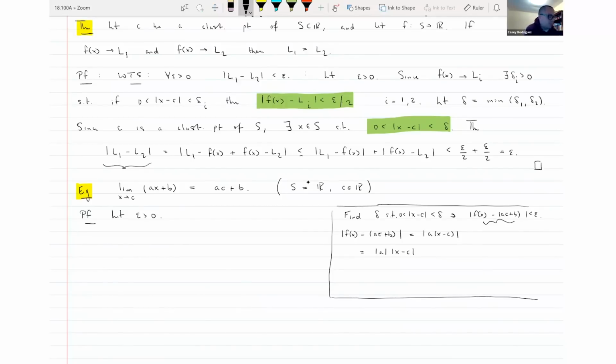And now we're in business because the thing that we do have control over is the delta, right? It is how big |x minus c| is. So this is less than the absolute value of a times delta if |x minus c| is less than delta. And remember, the thing that we want in the end is the thing in yellow, and the thing we get to control is the thing in green.